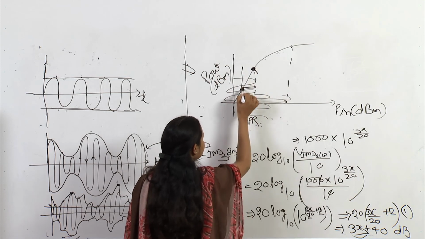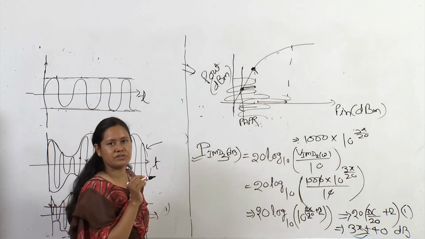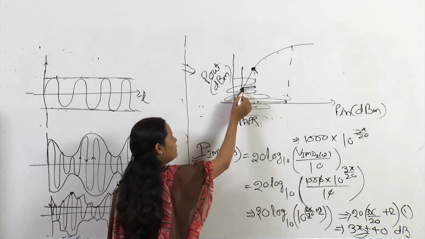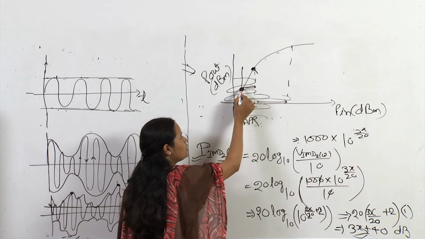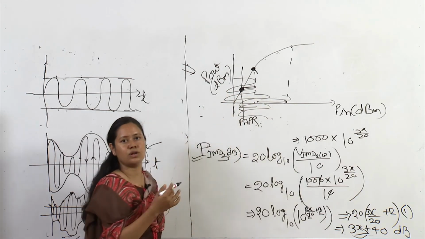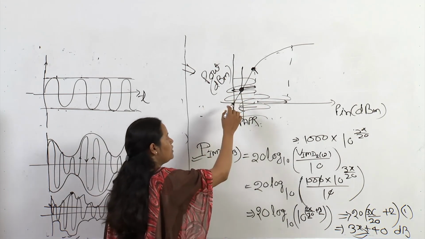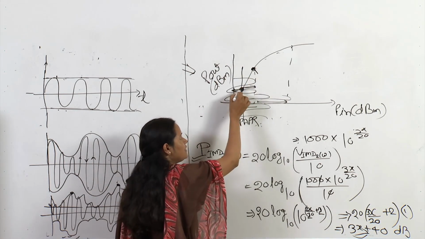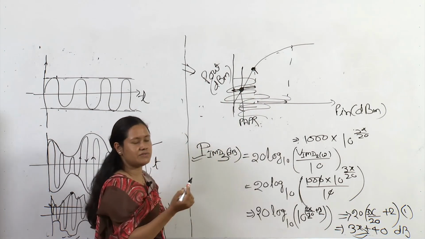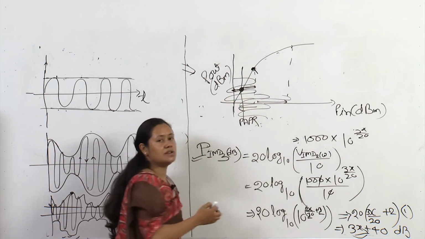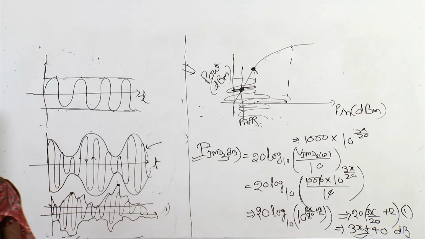Peak is falling here, but average is here, and all the efficiency calculation and everything happens with respect to the average power. This is the power which will define all those components, meaning output power will come from here, and although sometimes it will go higher, mostly it will remain here. Your efficiency will be calculated with respect to this point. So, this PAPR is a very important factor for this case.